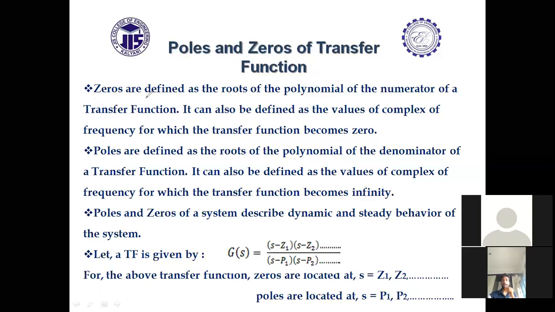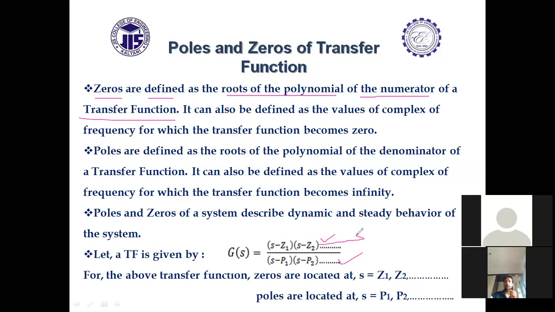See, zeros of a transfer function are defined as the roots of the polynomial of the numerator of a transfer function. As we know, transfer function is a ratio of two quantities. One is numerator, another is denominator.